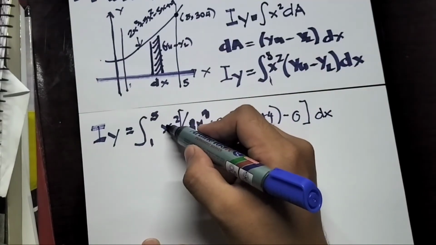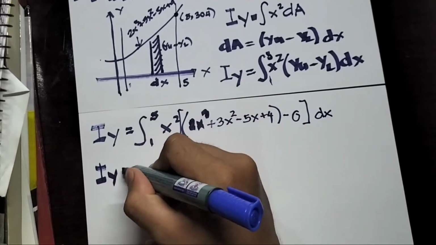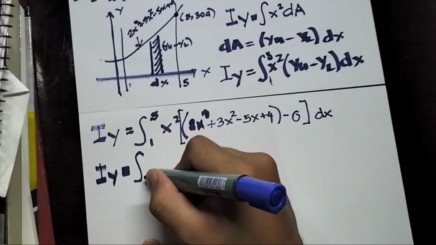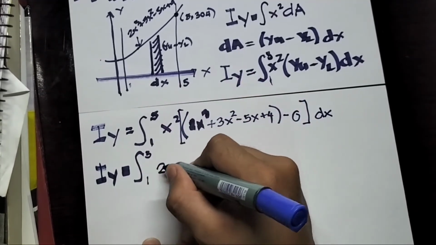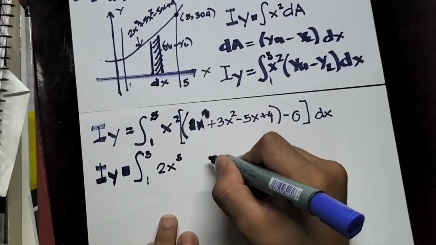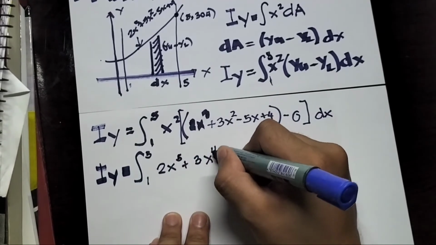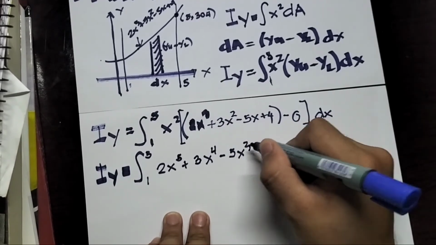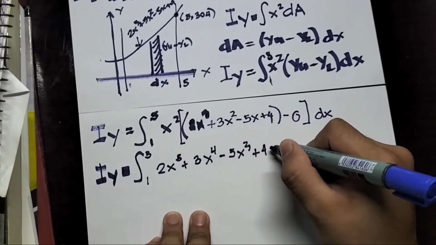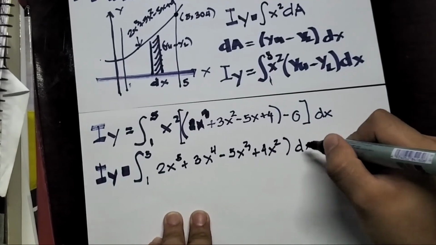Next, we need to distribute this. Iy now is equal to the integral from 1 to 5 of 2x raised to 5 plus 3x raised to 4 minus 5x cubed plus 4x squared dx.